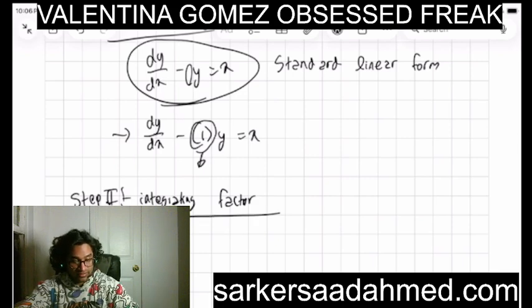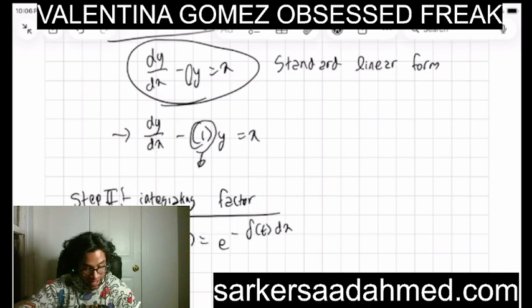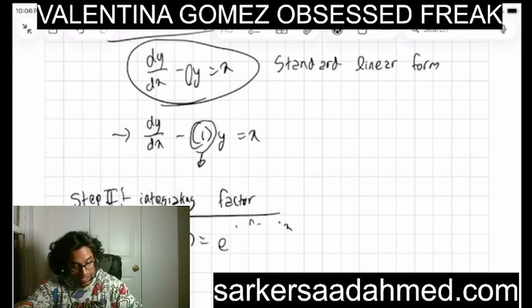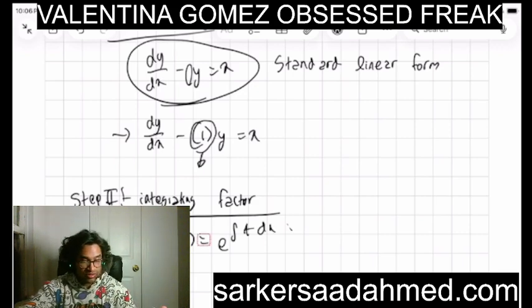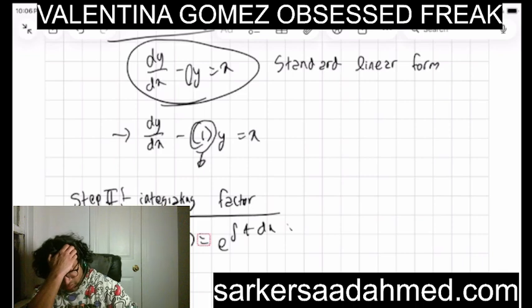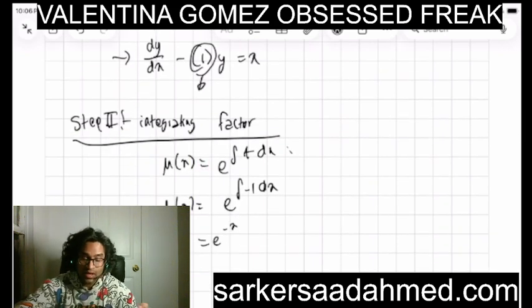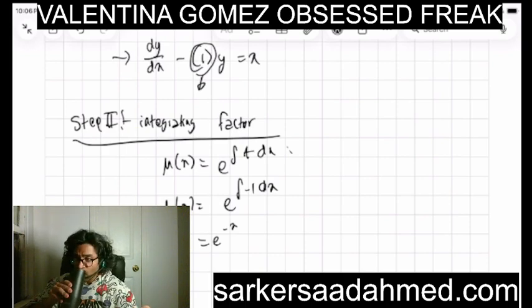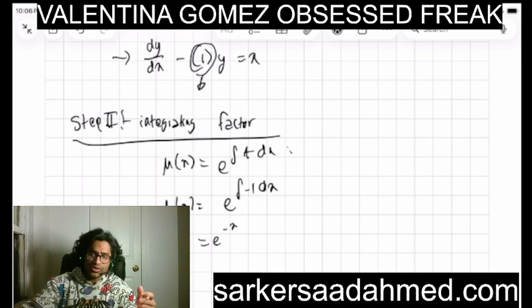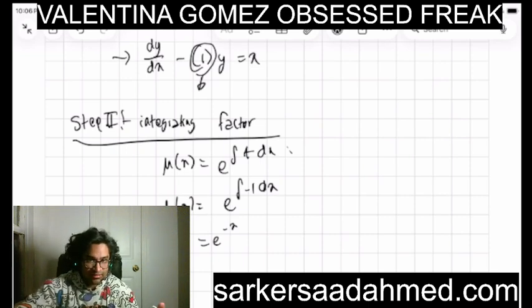Mu of x will be e to the power of the integral of t dx, t being some value. Here we're going to say t is minus 1, so mu of x is e to the power of the integral of minus 1 dx, which is e to the power minus x. We're not going to write plus c for now, because eventually we write plus c in the last line.